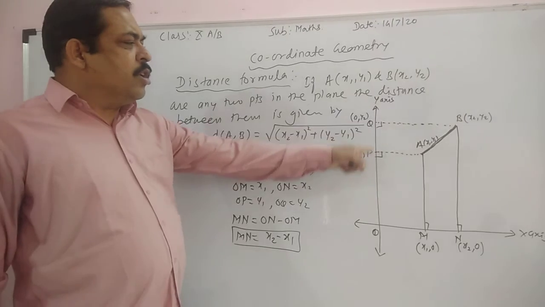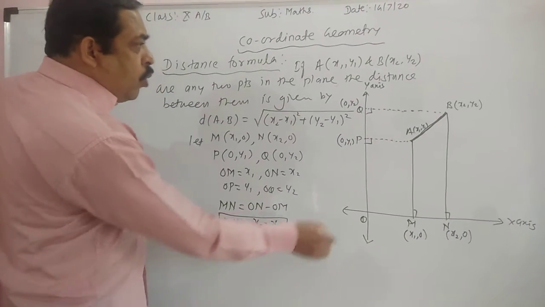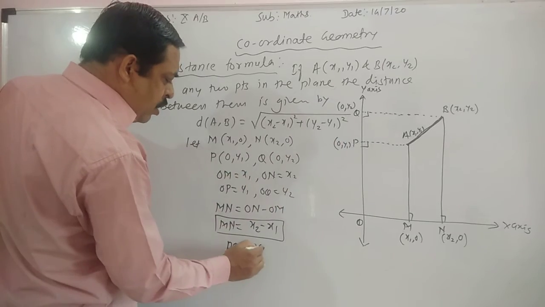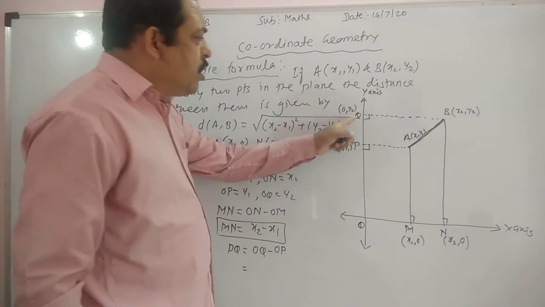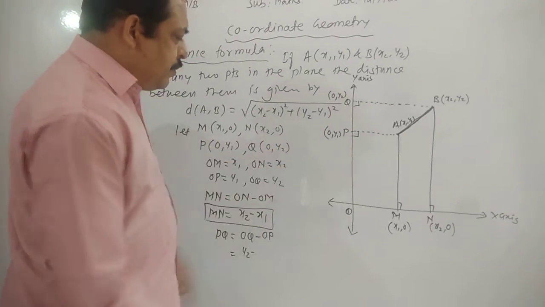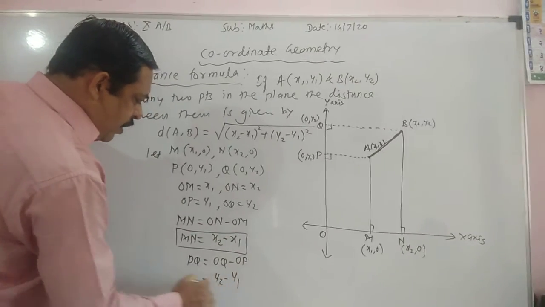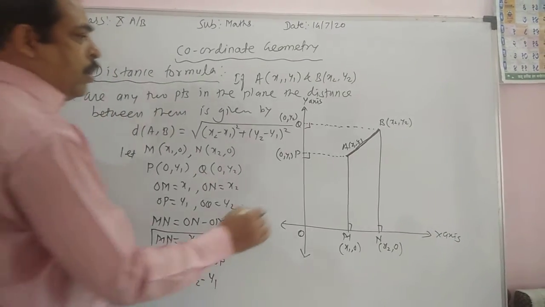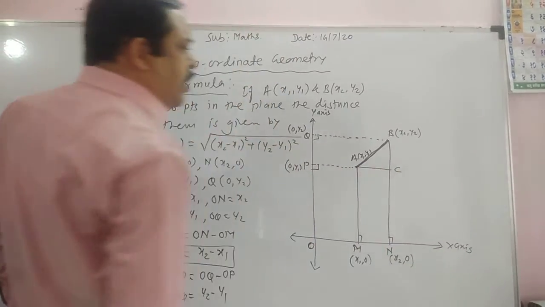Similarly, we find the distance PQ. PQ is equal to OQ minus OP. The distance OQ is y2 and the distance OP is y1. If I extend that PA, it intersects suppose at point C.